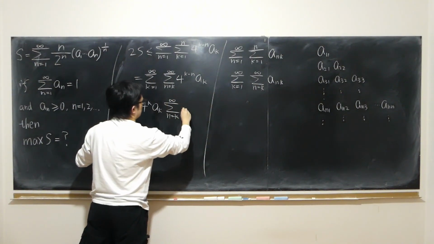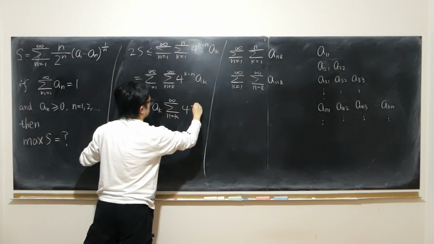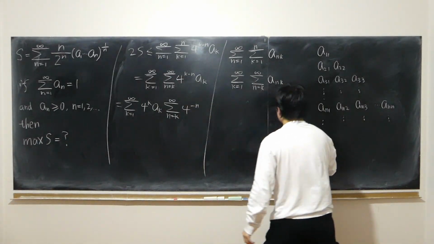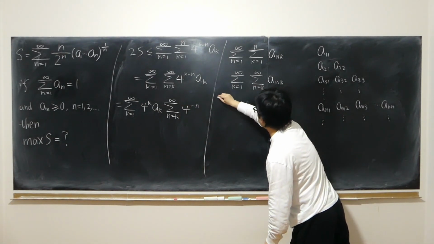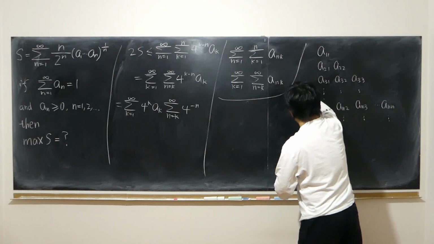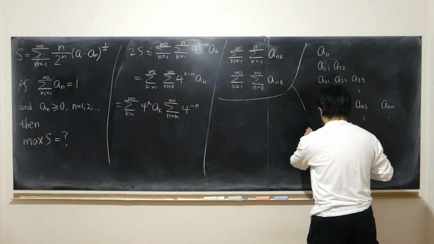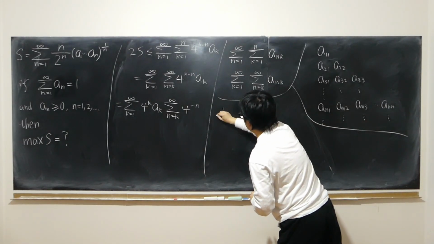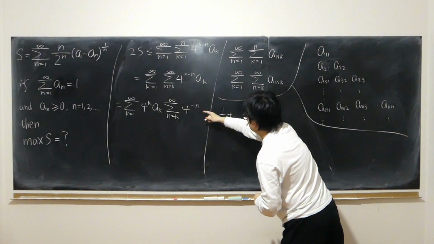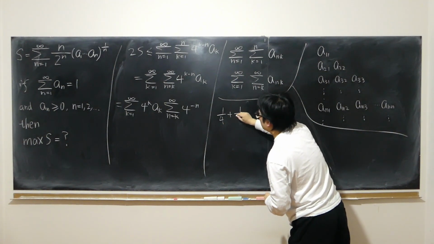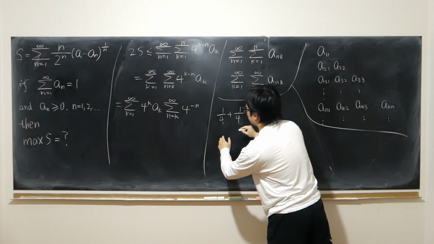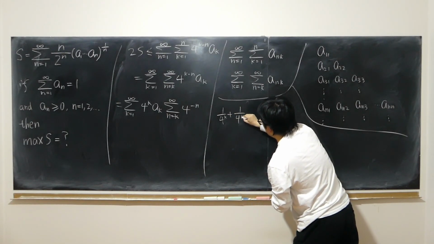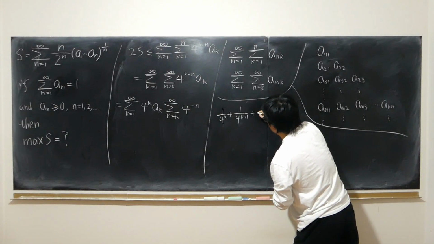We only have 4 to the power of negative n. So that is essentially what? That is essentially 1 over 4 to the power k plus 1 over 4 to the power k plus 1, all the way.